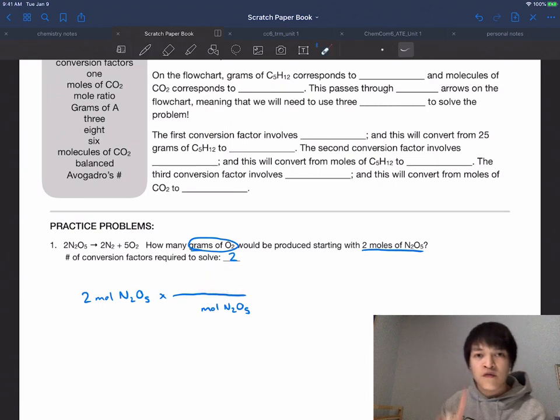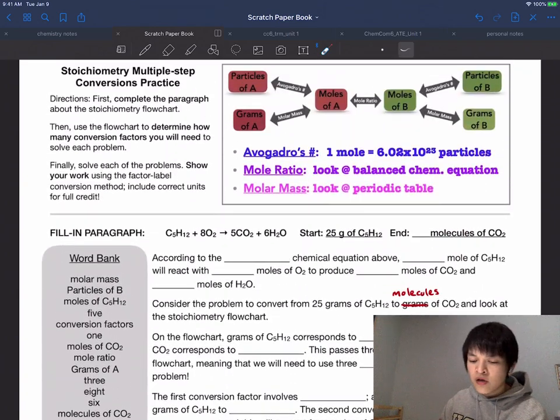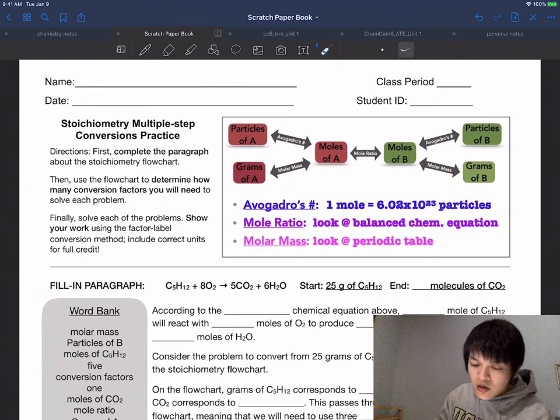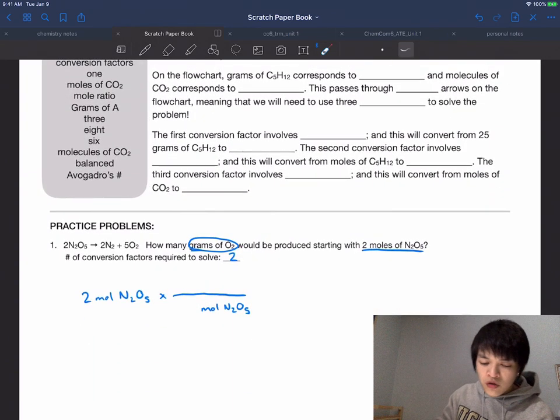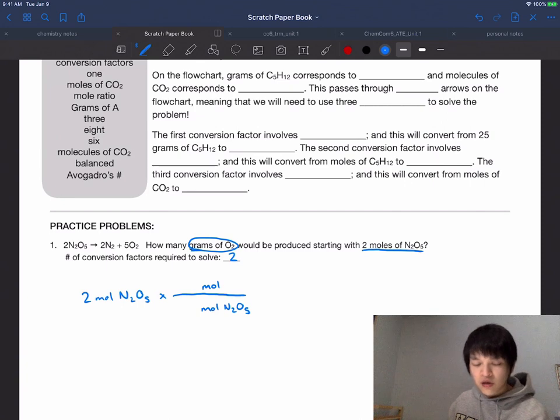Let's take a look at the flowchart one more time. We're going from moles of the first substance to moles of the second substance. Our second substance is not N2O5, it's O2.